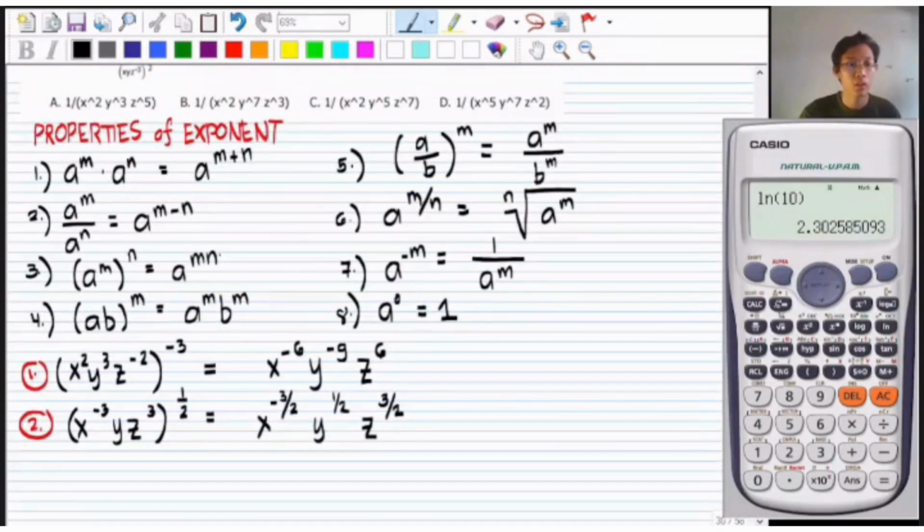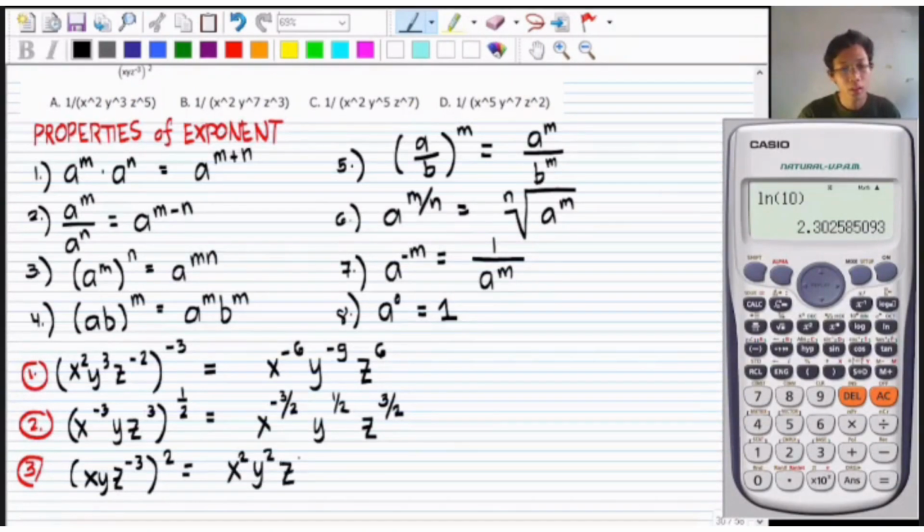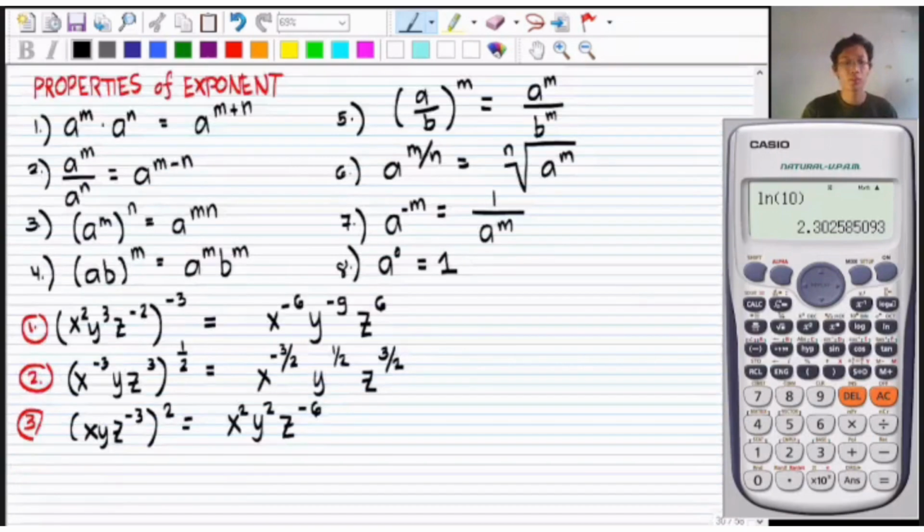Then, pangatlo, x, y, z raised to negative 3 raised to x squared, y squared, z raised to negative 6.